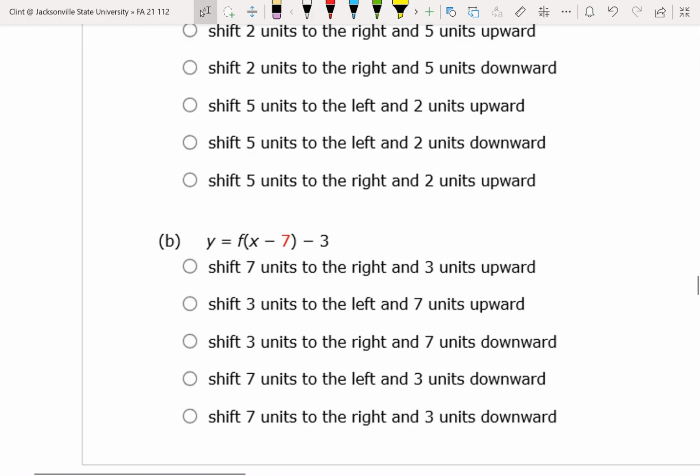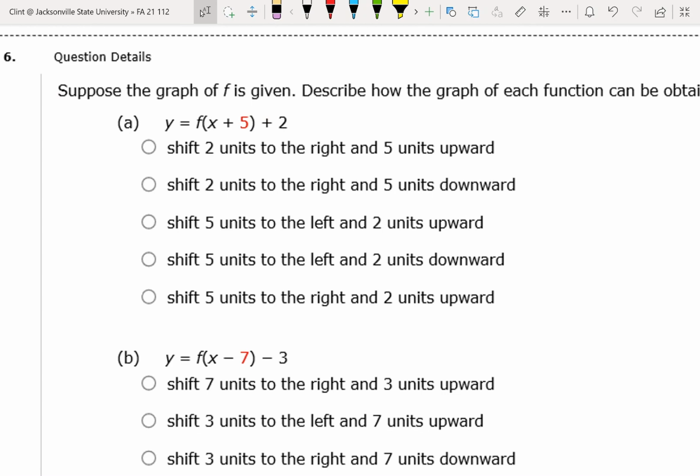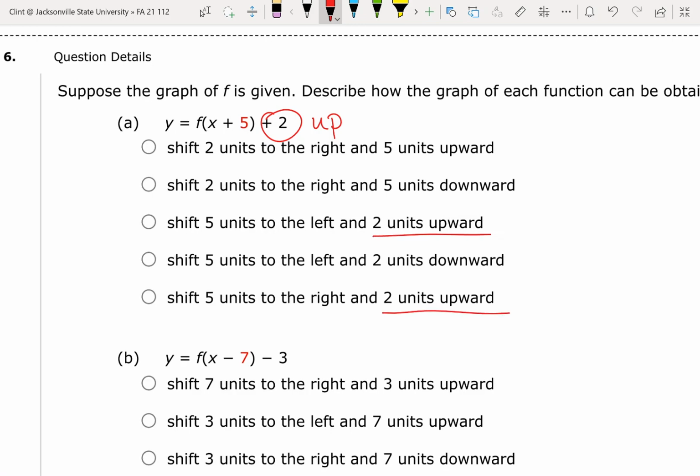Switching here. Number 6, we want to know what transformations have been done to our starting function f. So +2 on the outside means we're going to go up 2 units. So there are 2 choices there.